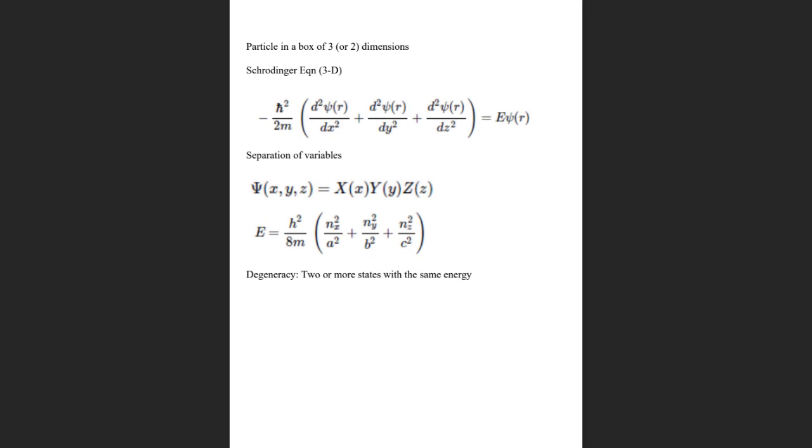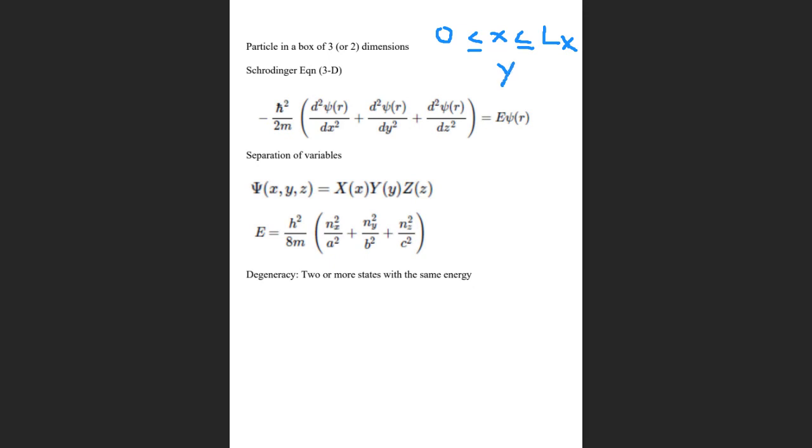Okay, to define a particle in a box of multiple dimensions, like 3 or 2 dimensions, for example, you simply require x to be stuck between 0 and some value as before.